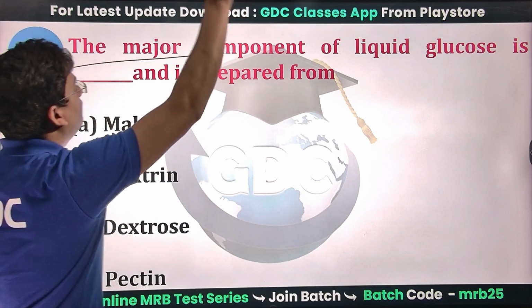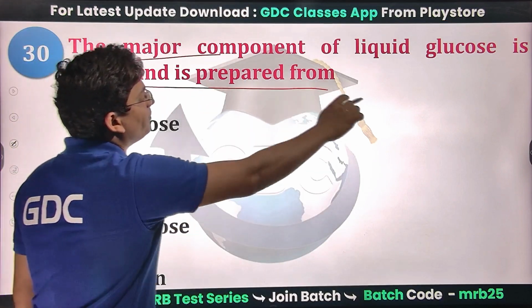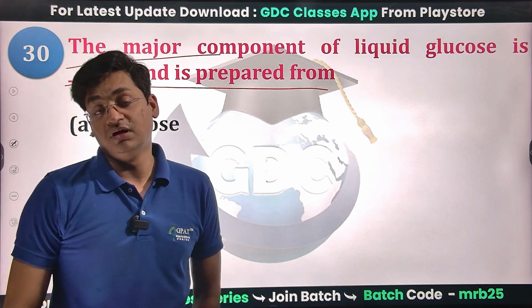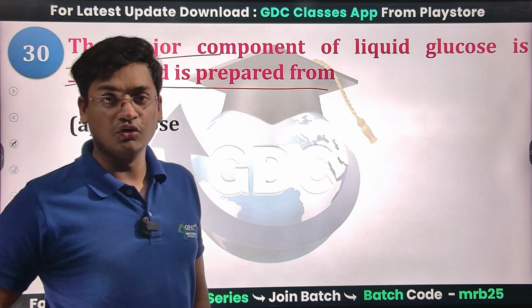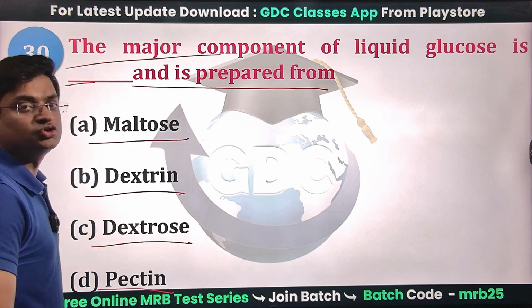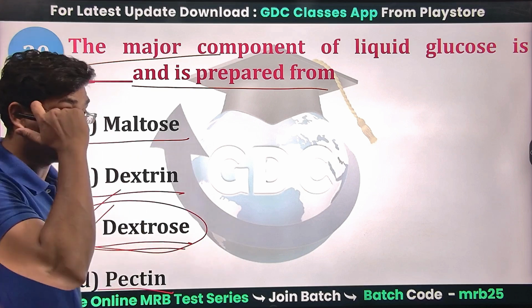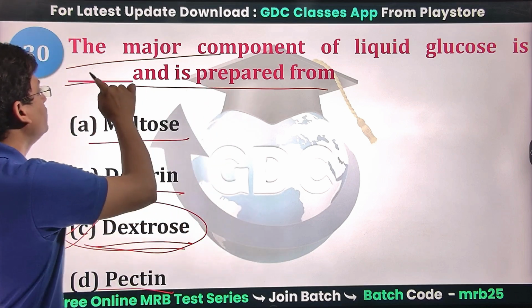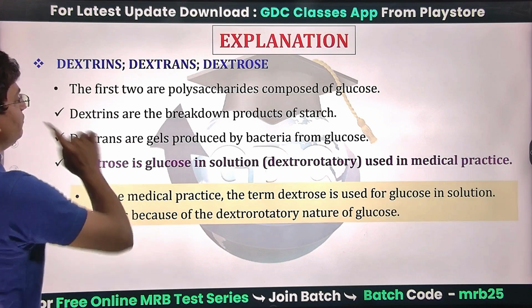Next question: the major component of liquid glucose is dash and is prepared from. It will be maltose, dextrin, dextrose, or pectin. You have seen in various hospitals, dextrose is the liquid glucose. So yes, C will be the right answer.